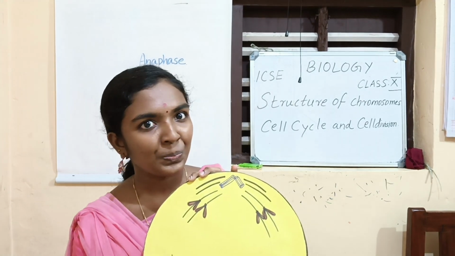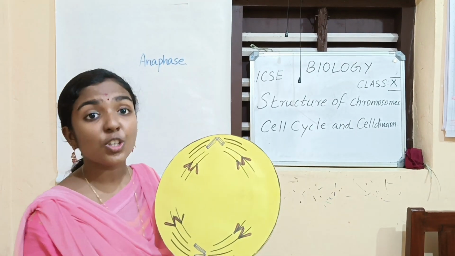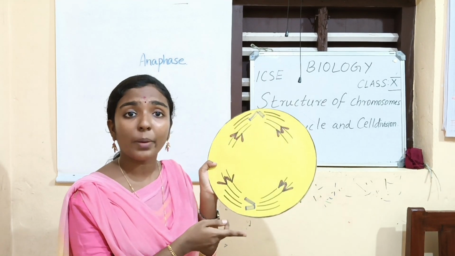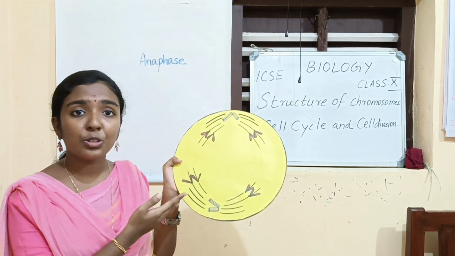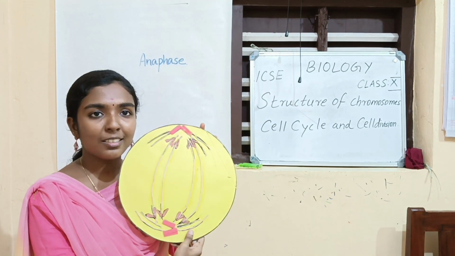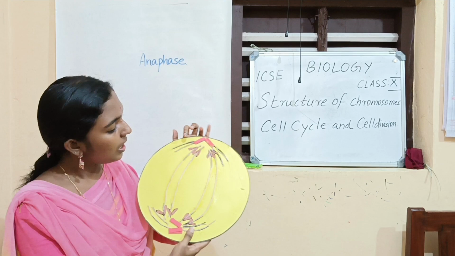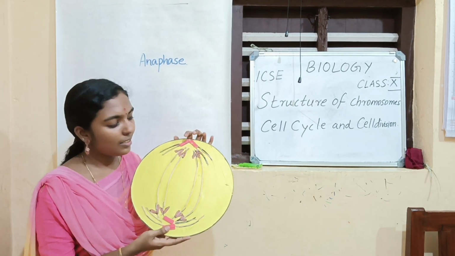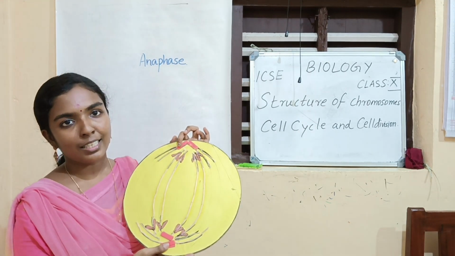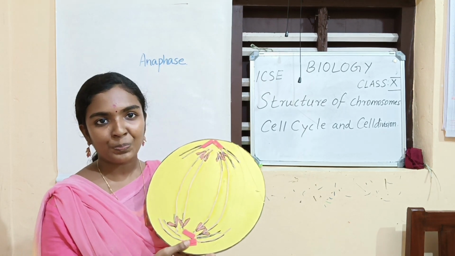The centromere divides the two sister chromatids, and they move to the poles, right? By shortening of the spindle fibers. This is early anaphase and this is late anaphase, okay? By shortening of the spindle fibers, the centromere of the sister chromatids divides and they move to the opposite poles.